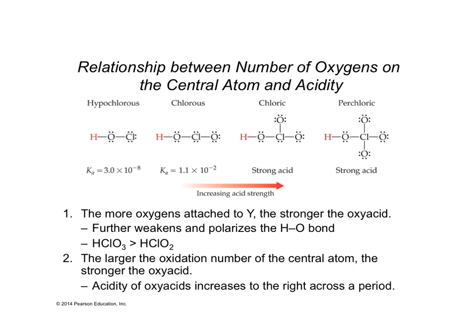Okay, so for example, we could go through our little ClO chart, so hypochlorous versus chlorous versus chloric versus perchloric. How are these differing with respect to the atom that is bound to the oxygen that's losing the proton? This chlorine has 0 oxygens besides the first.